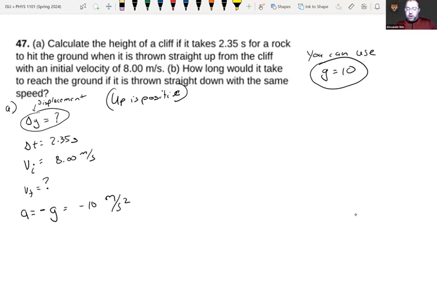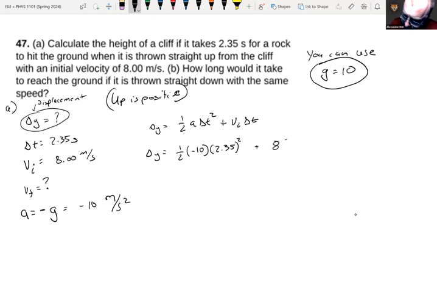All right, now basically what we want to do is find our equation, and that's just going to be delta y is equal to 1/2 a delta t squared plus v sub i delta t. All right, so we find the delta y. It's going to be 1/2 times negative 10 times 2.35 squared plus 8 times 2.35.